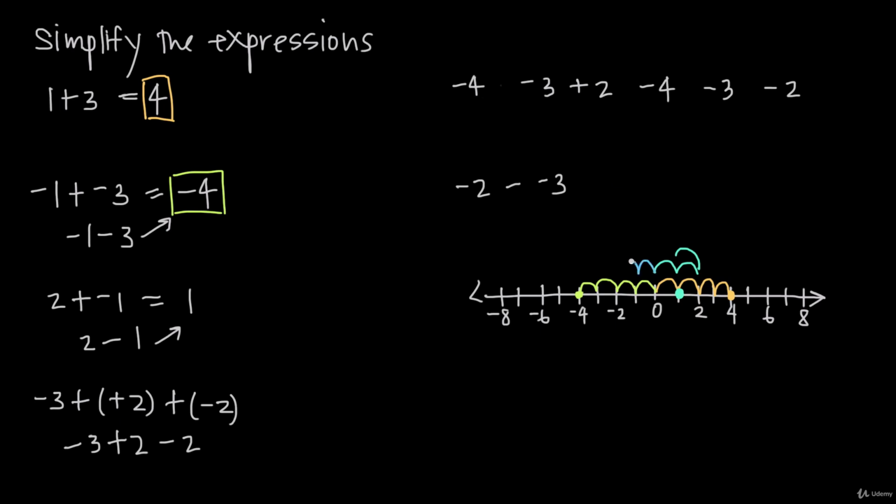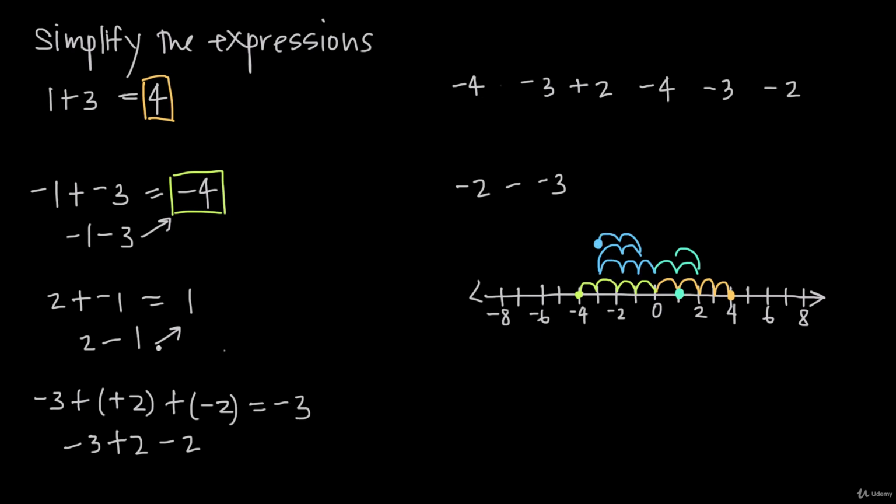So we say 1, 2, 3 units to negative 3. Then we're adding a positive 2. We want to go back to the right 2 units. So 1, 2. And then we're subtracting a negative number. So we're just going to the left. This is like adding a negative. We go back to the left 1, 2, and we end up right here at negative 3. So this is going to be equal to negative 3.